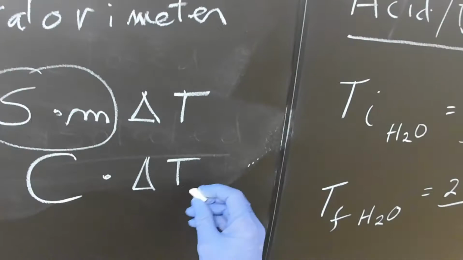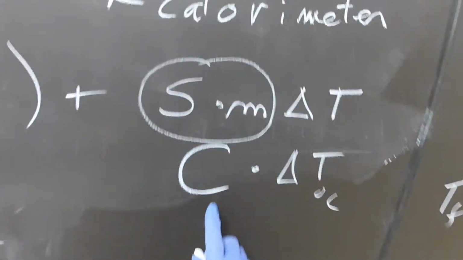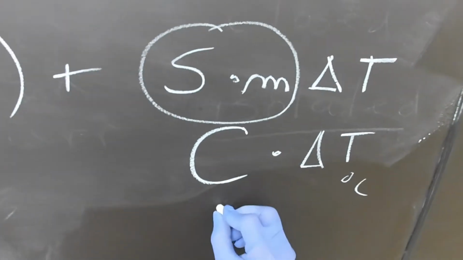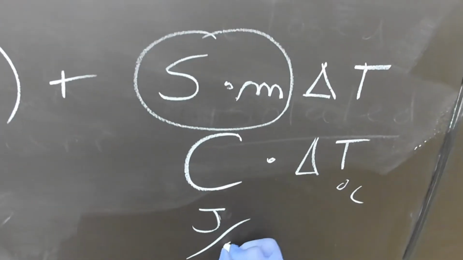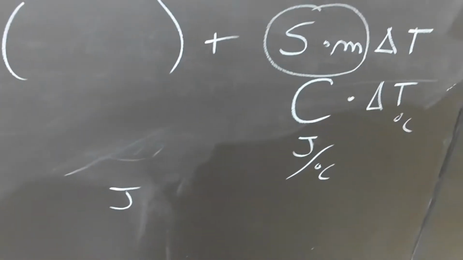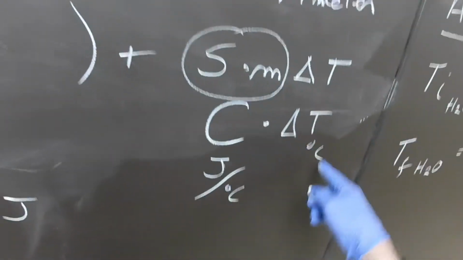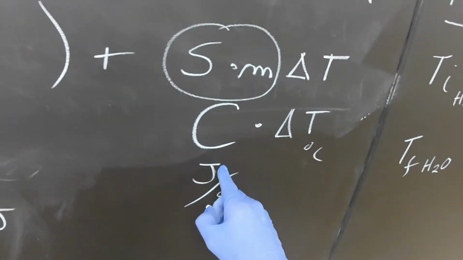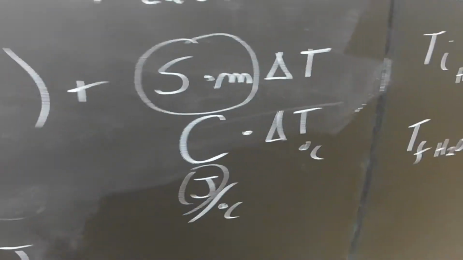Same here, joules. How about this one? This is degrees C, or K, and the calorimeter constant is joules per degree C, or K. So the degrees C cancel, leaving you with joules. Okay?